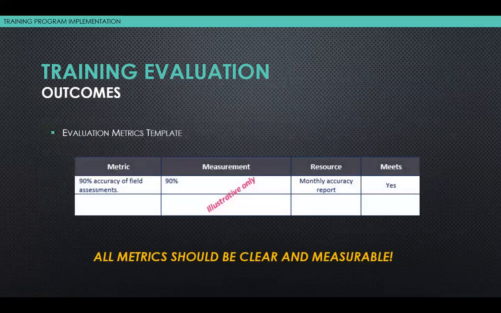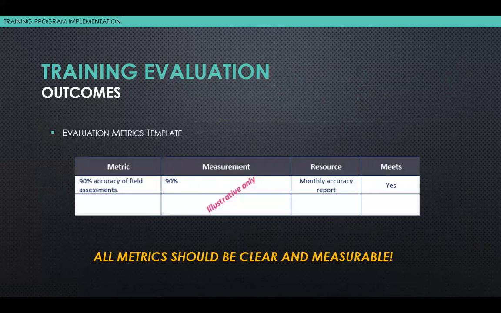So the other area we talked about a little bit is going to be the outcomes, and you'll want to use something similar to this document, which would be an evaluation metrics template. Basically, we're looking at measurable goals. And so we have the metric, which is measurable.